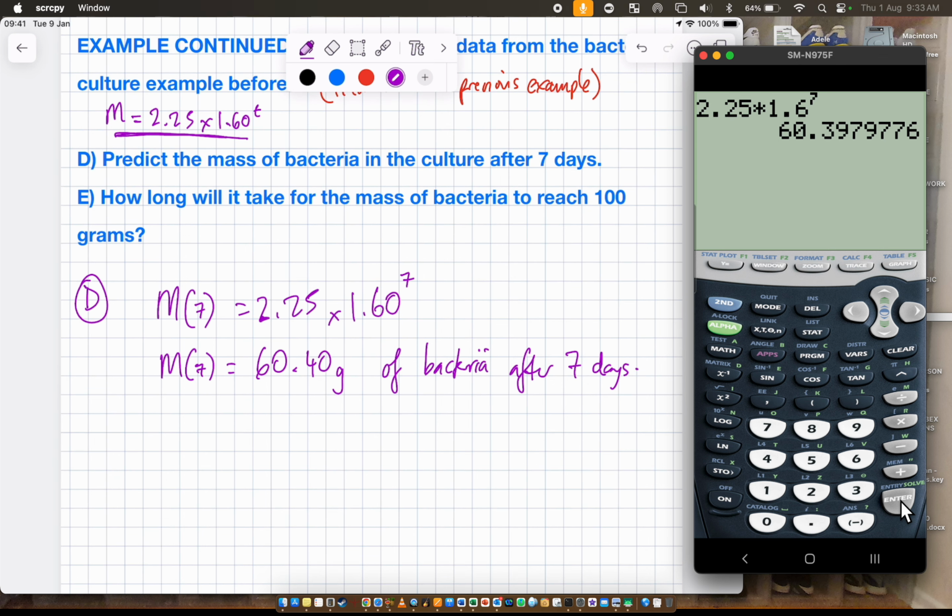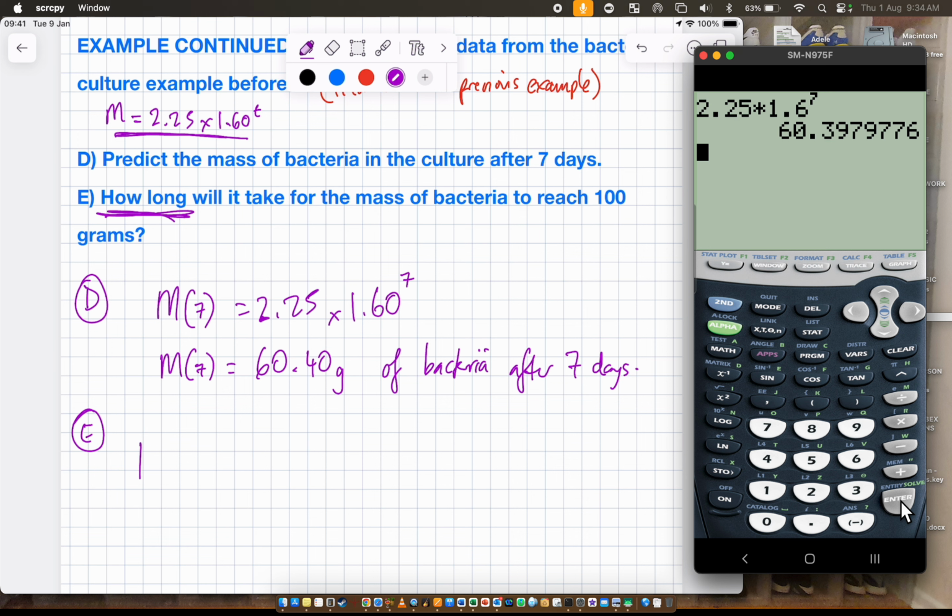But the problem is, if it's asking how long will it take, is it asking you to find t this time? We don't do hard enough maths to do that by hand. So what we are doing is, how long is it going to take for the bacteria to reach 100 grams?